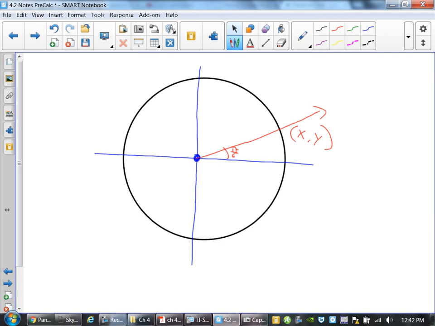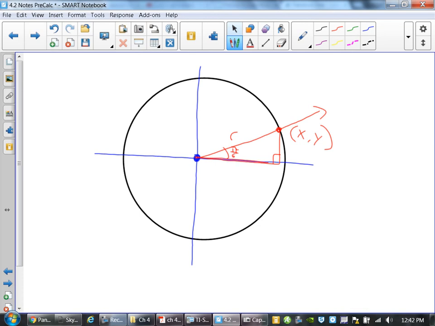You okay with that? We were able to draw, we didn't do it this way, but you could draw a right triangle in here to give you that. Can I label the radius as r? The hypotenuse is r.